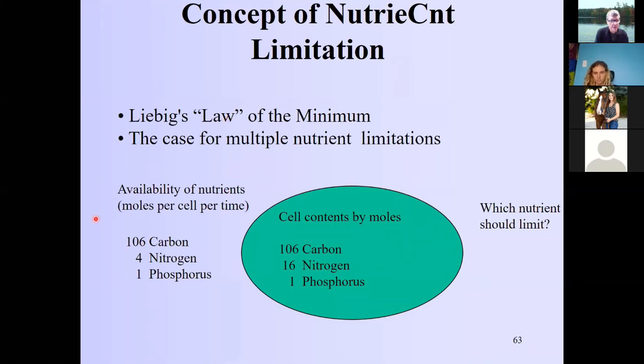But basically this came out of an agricultural setting. And what Liebig noticed was that the plants in a field are made up of all the same relative content. And particularly if you have crops, it's all the same species. And they have a certain capacity to take up each of the nutrients.